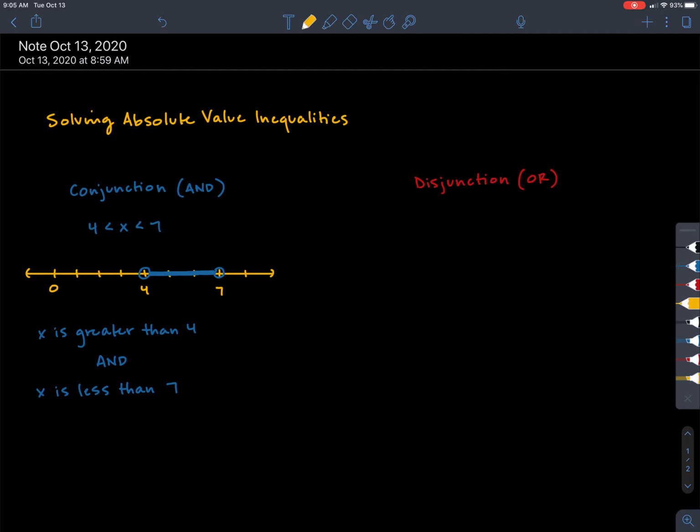With a disjunction, instead of saying and, we are now saying or, so we have 2 separate intervals.